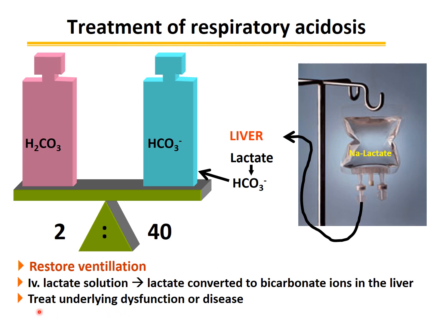But first of all, it's very important that the hydrogen ion concentration can be restored and maintained by different infusions, different drugs, but you have to treat the underlying problem, the underlying dysfunction. And it itself is going to compensate.